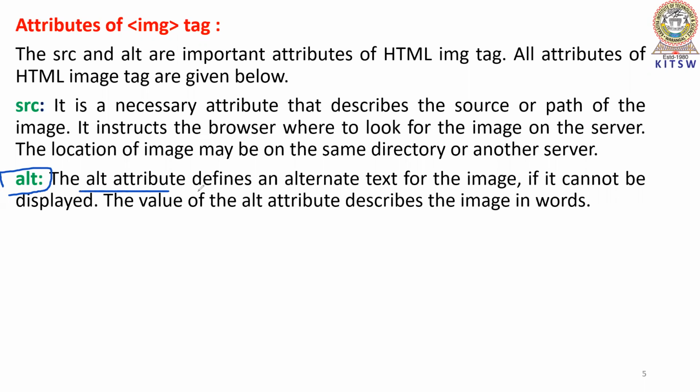The ALT attribute defines an alternate text for the image. If the image is not displayed, the value of the alt attribute is displayed. The value of the alt attribute describes the image in the form of words.